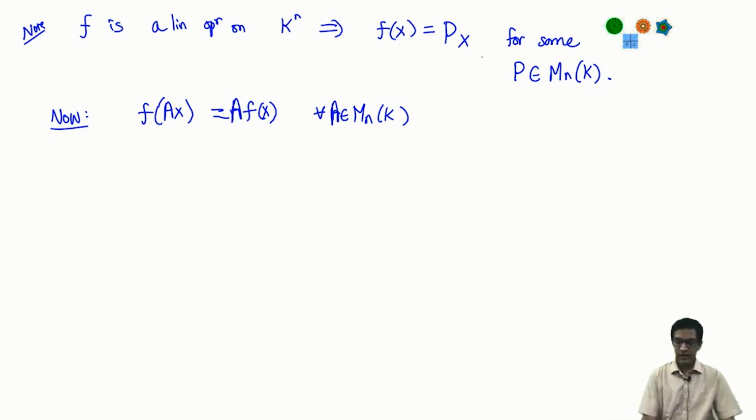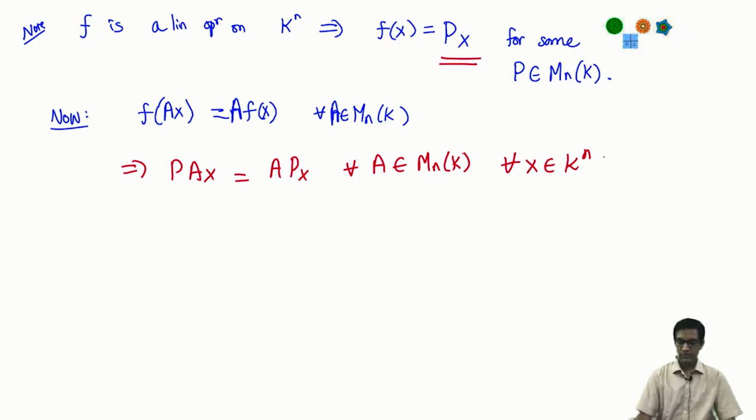I've just told you what f is, right? f is just multiplication by P. So this means in particular that if I take Ax and I multiply it by P, it should give me the same answer as A times Px for all A in M_n(K) and for all column vectors x in K^n.